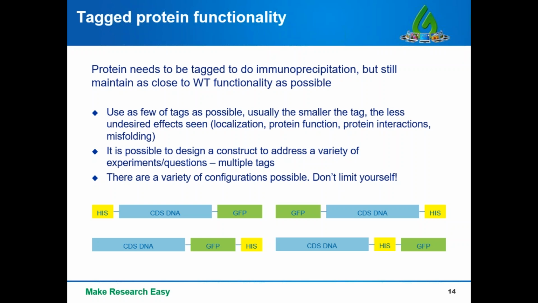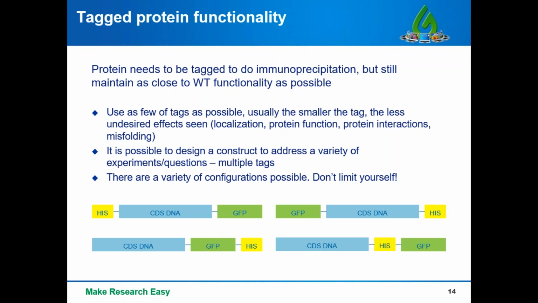One way to ensure the most favorable outcome is to use as few tags as possible on your protein, and usually the smaller the tag, the less undesired effects you will see. By undesired effects, I mean random or abnormal localization, abnormal protein function, pseudo-protein interactions, or bad misfolding of your protein of interest.